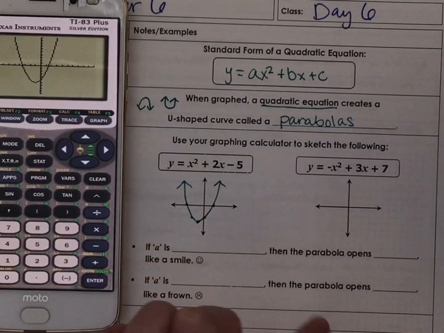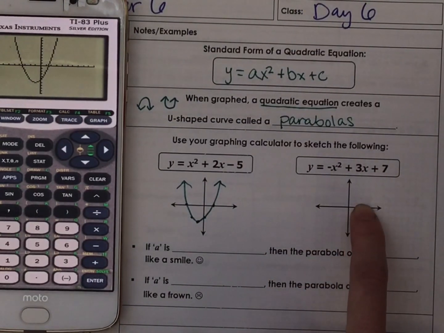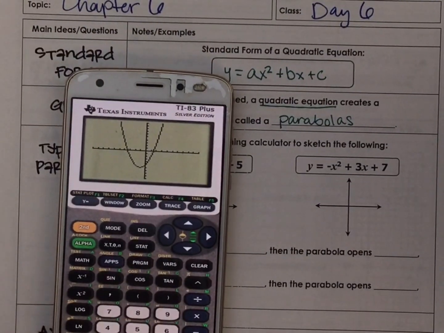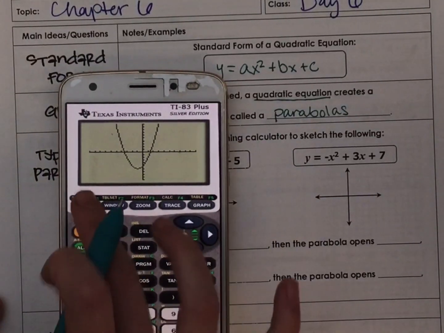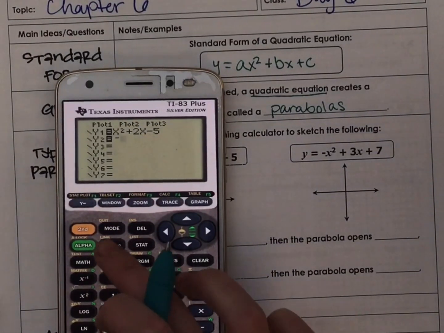To answer these questions here, let's take a look at some of the differences of what this equation has and what it looks like when we graph it. So for your calculator that you have on your Chromebook, you'll be able to actually change the color of your graphs. However, mine is not going to change color. I'm going to just graph these together on one thing. So we'll still be able to see what it all looks like.